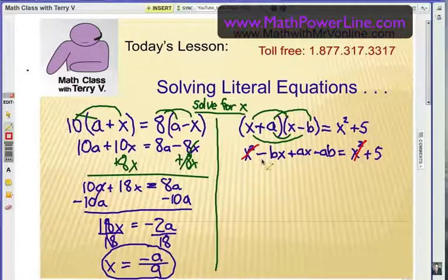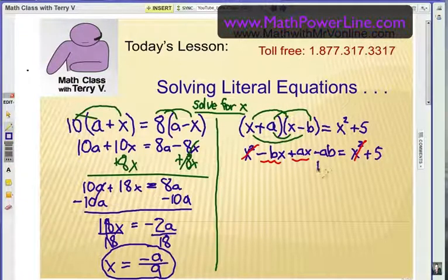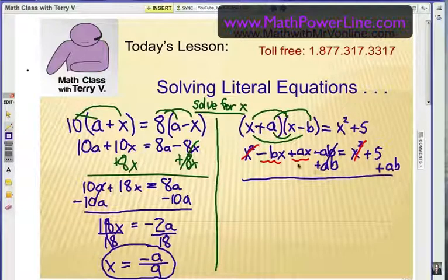All right, well, I have an x term there and an x term there, so let's keep those on that side, and we're going to go ahead and add ab on both sides. All right, so draw my line, just kind of organize what I've got. I'm going to put this in alphabetical order. I have an ax minus bx from those two terms right there, and I have 5 plus ab.